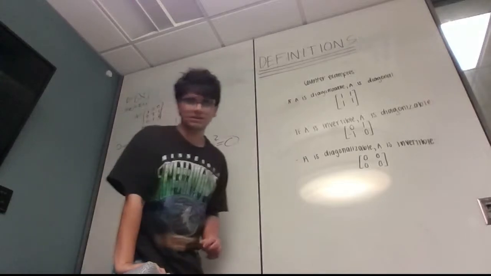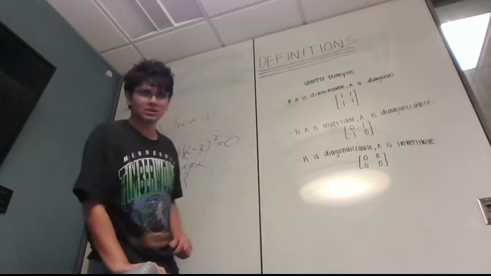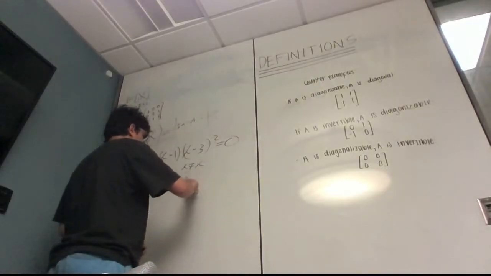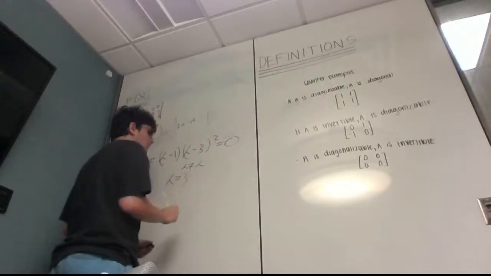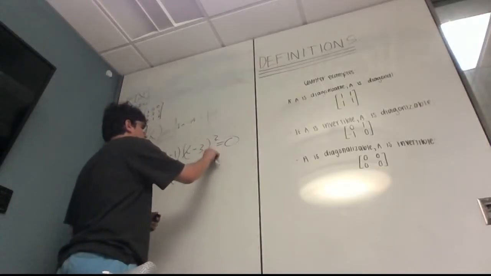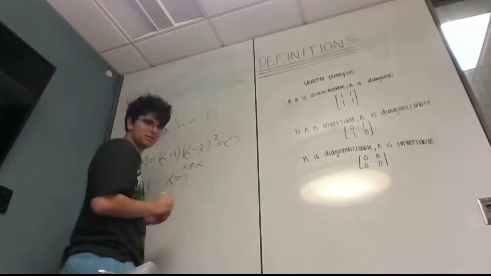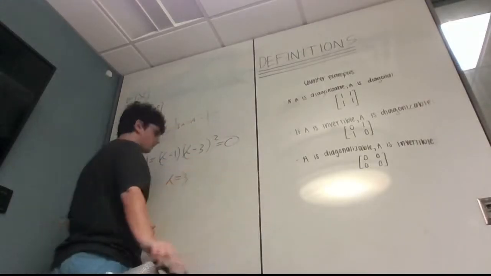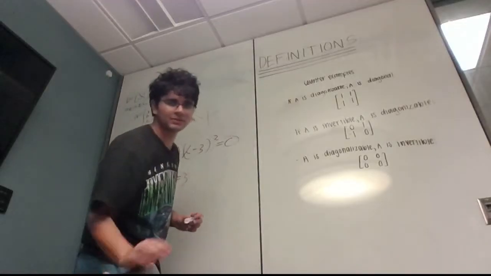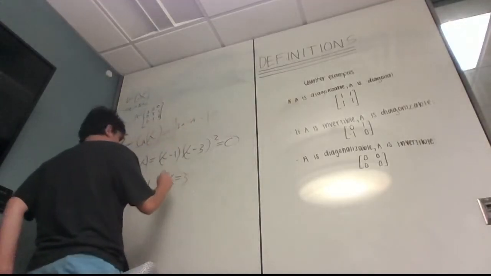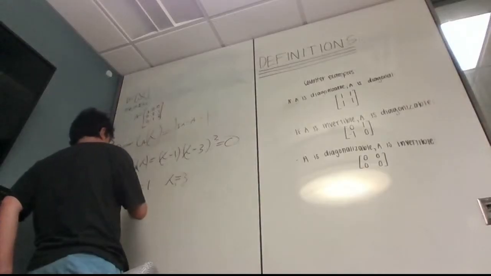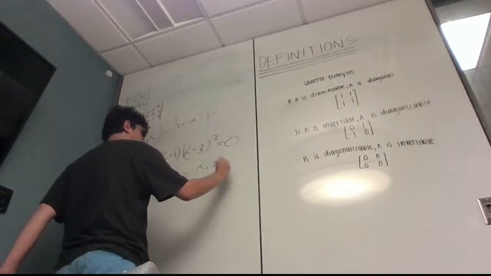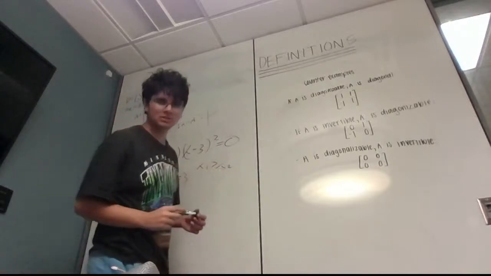So if we have two of the same eigenvalue, they just become the exact same eigenvalue. Having two of the same solution is consequential later, but for right now, just assume that. And we also know that eigenvalue 1 is greater than eigenvalue 2 because it just wants us to have it like that.